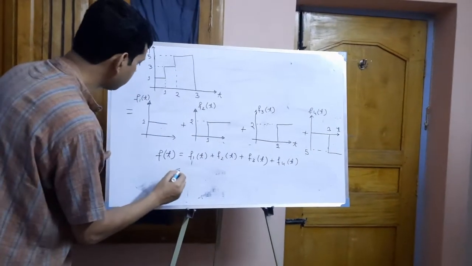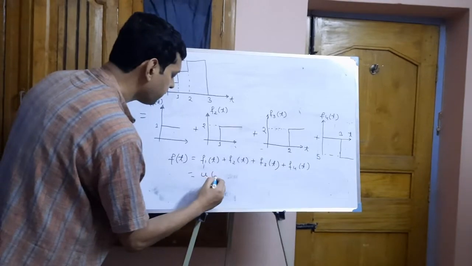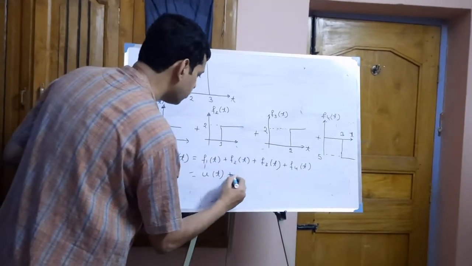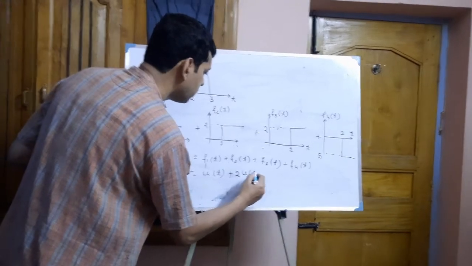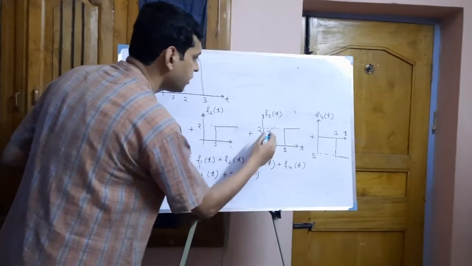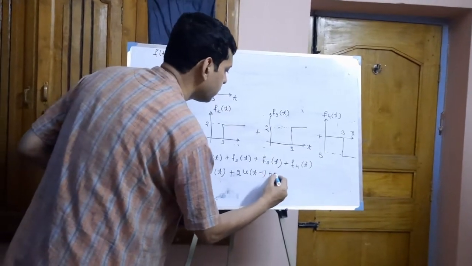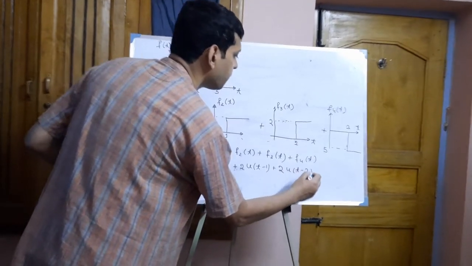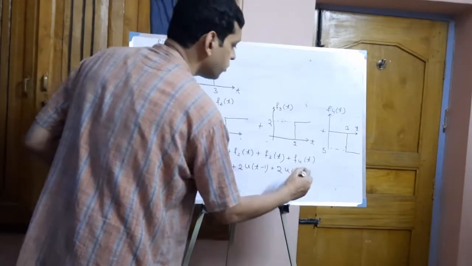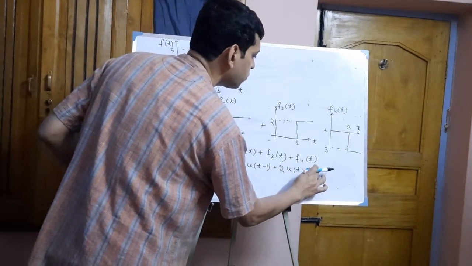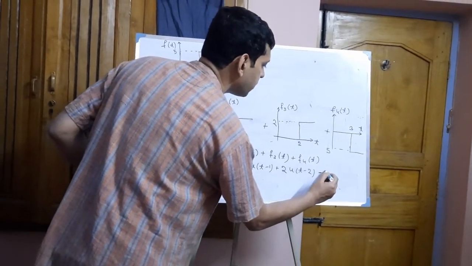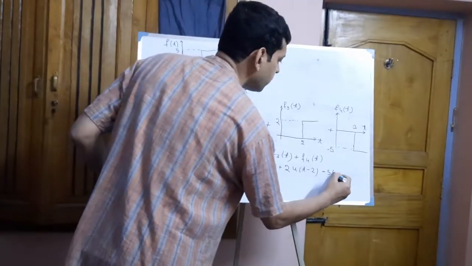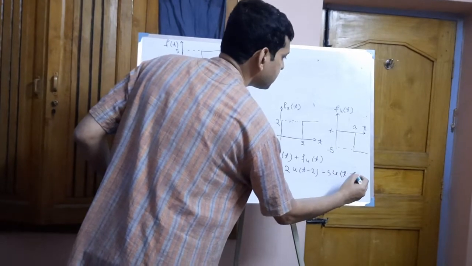Now this is equal to u(t). Now this is equal to 2u(t) minus 1. F3 equal to what? This is equal to 2u(t) minus 2. And F4 equal to what? F4 equal to minus 5. The magnitude is minus 5 here, minus 5 u(t minus 3).